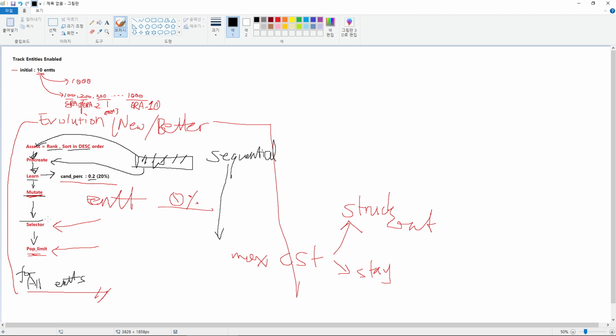And then all entities are put through these two functions, the selector and the population limit function. So it's all sequential. It was always in this order.